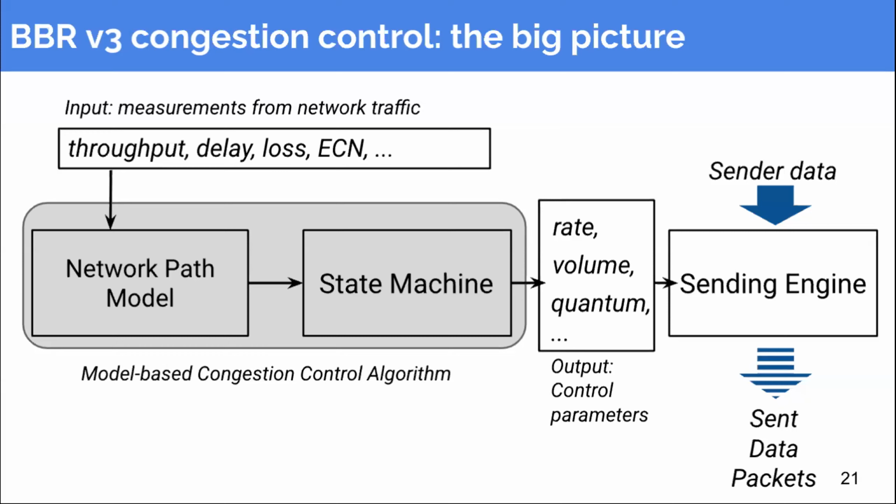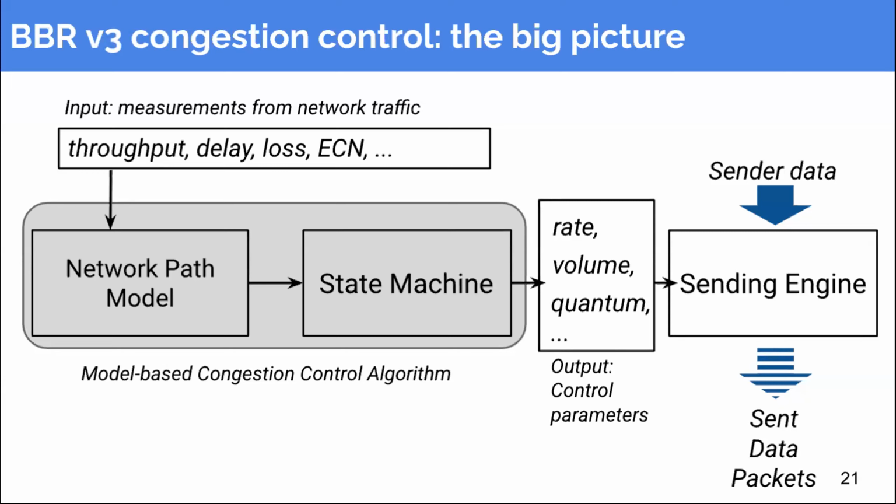And those measurement inputs are fed into the network path model. And here in the gray, we have the BBR model-based congestion control algorithm, where the subcomponent on the left is the network path model. And then those model features or parameters are used by the state machine that then makes decisions to choose or select 3 control parameters here that are the outputs of the algorithm.